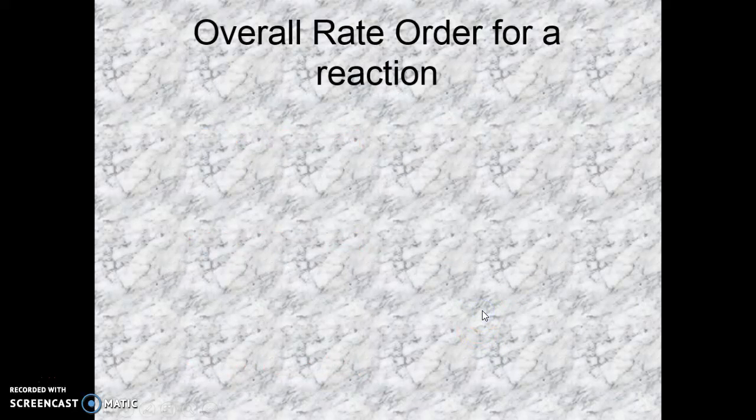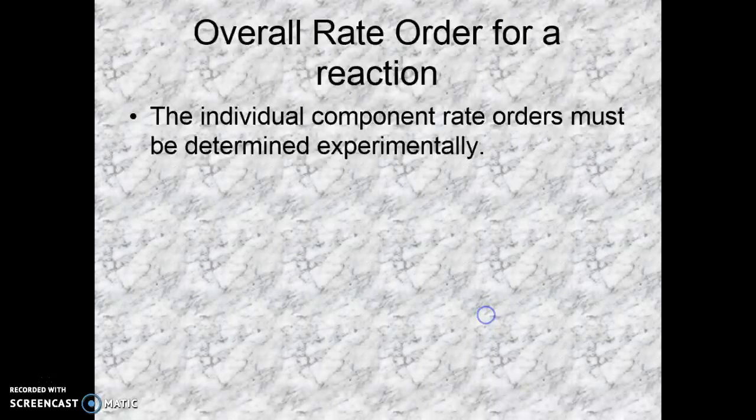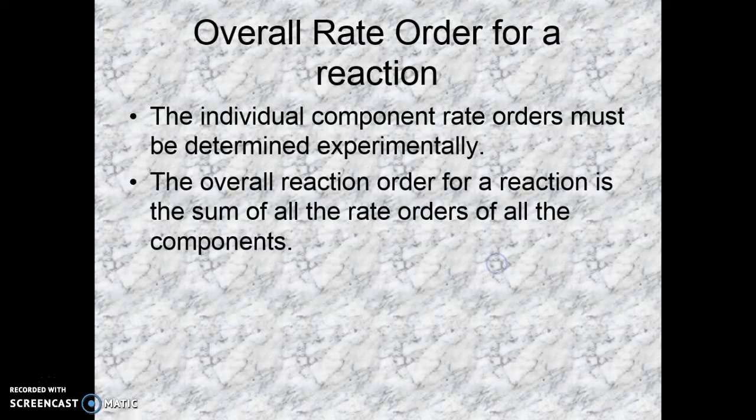All right, so let's talk about an overall reaction. Each individual component has a rate order. You have to determine their rate orders experimentally. The overall reaction order is going to be the sum of all the individual rate orders.